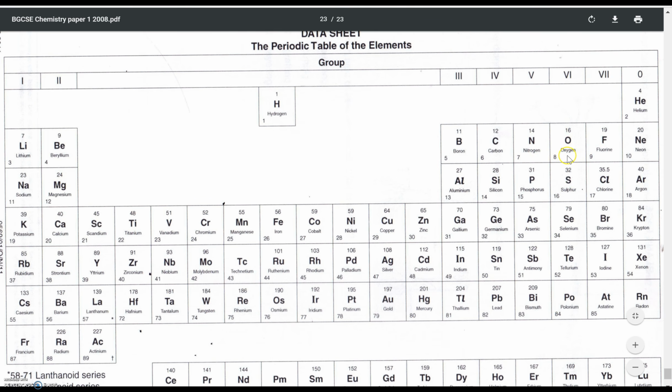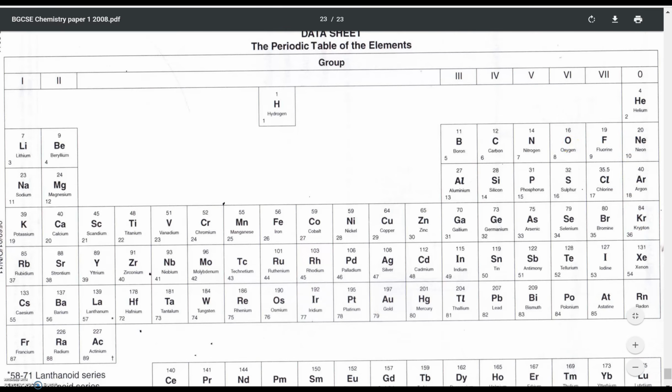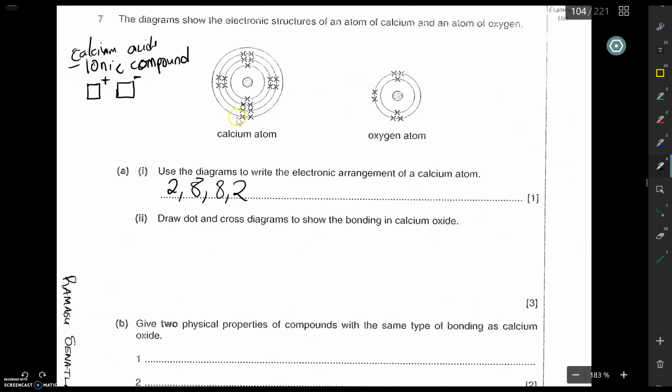Now both oxygen and calcium want to be in group 8, right? They want their last shell to have 8 electrons. Now we saw from the diagram that the last shell in calcium has 2 electrons, and the last shell in oxygen has 6 electrons, right?